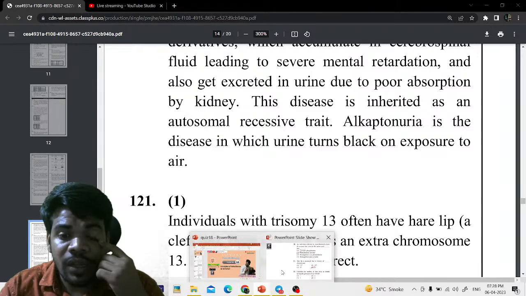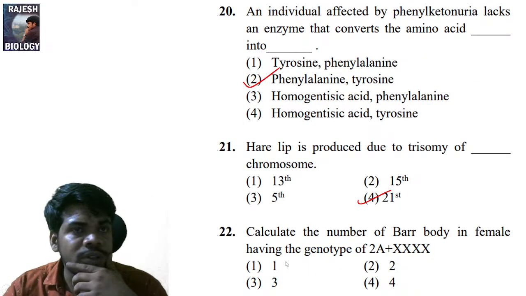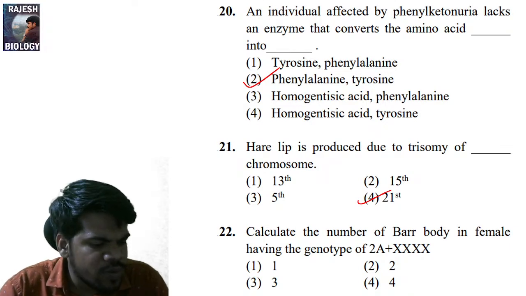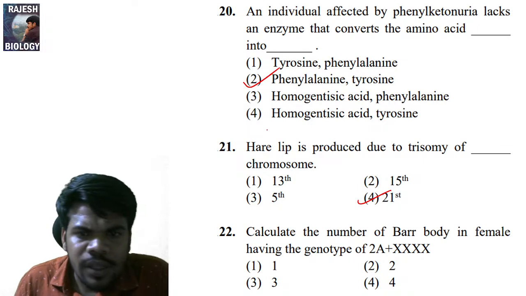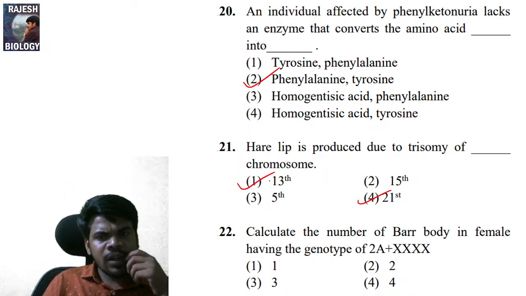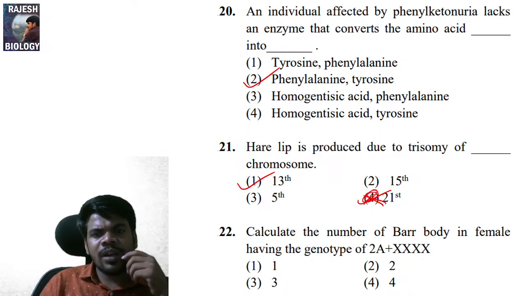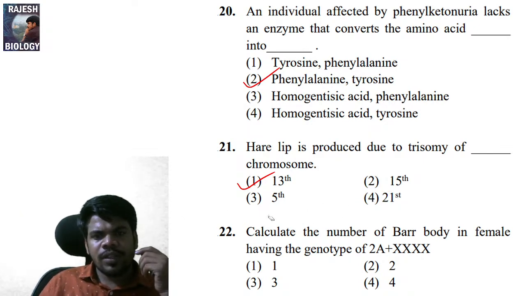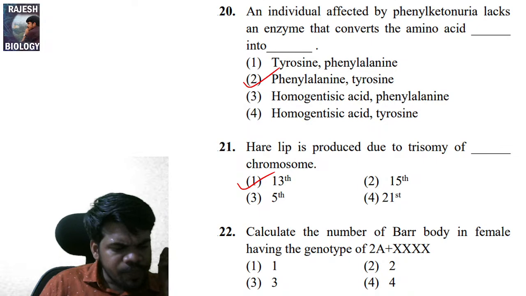But cleft palate we can observe in Down syndrome, the 21st chromosome also. Yes, the 13th chromosome, Patau. Here you can observe the cleft palate and cleft lip. Here it is the cleft palate for 21, so 13 is the cleft lip. Perfect. Yes, I just remembered.